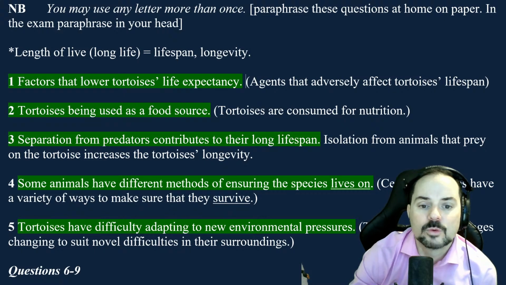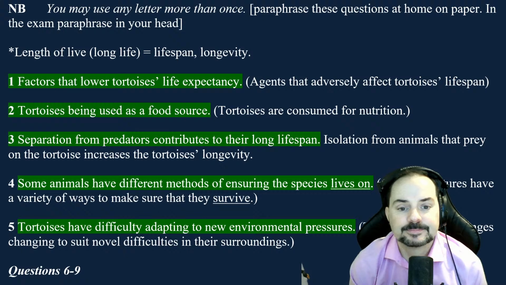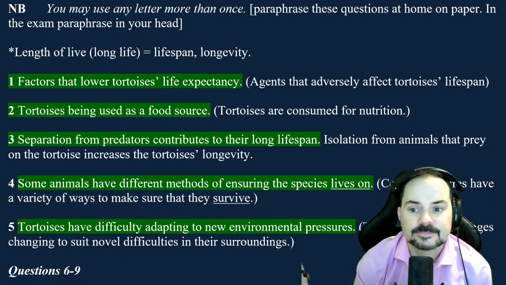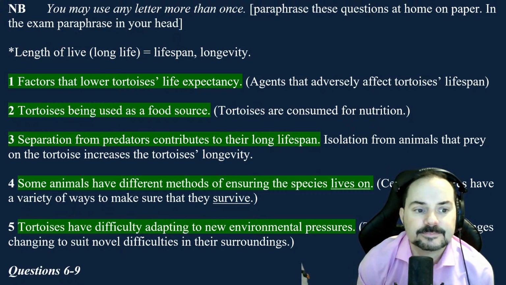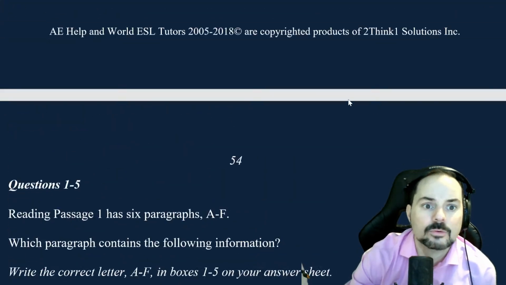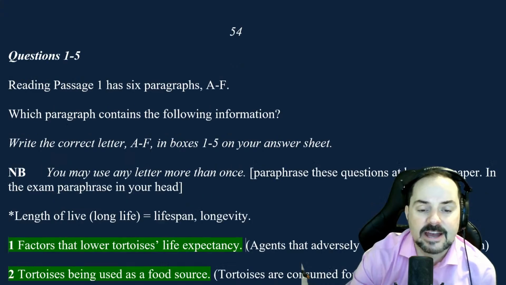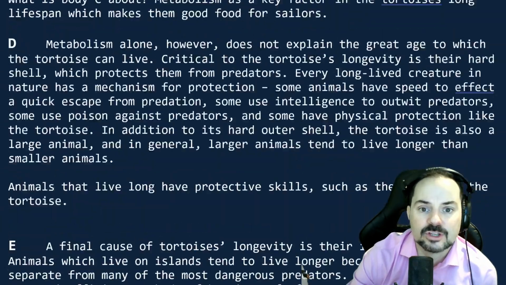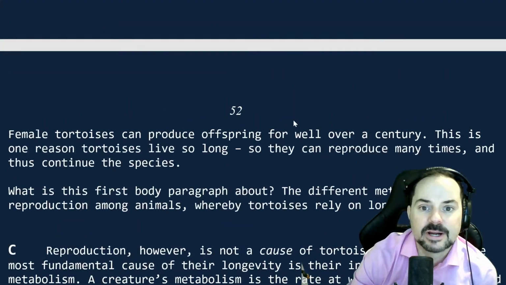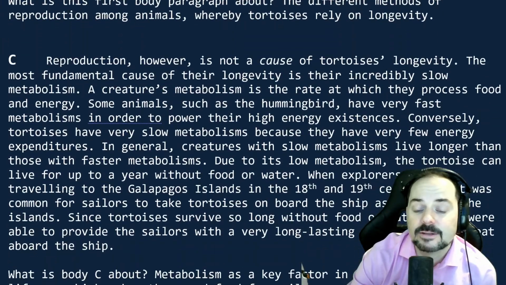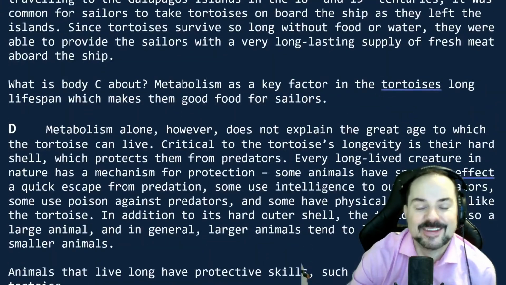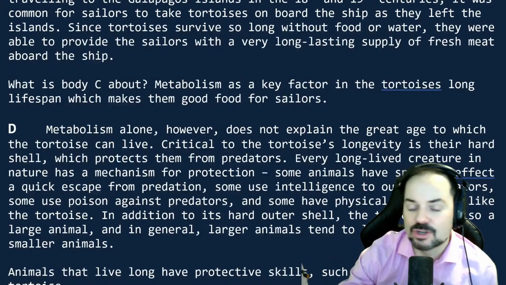Okay. Which paragraph do you think that is? Agents that adversely affect. It is in paragraph 1. So we've got paragraphs A to F. And we visualize these, so it should be fairly straightforward. Sorry, I will change my answer. Okay, good thing this is not a game show.